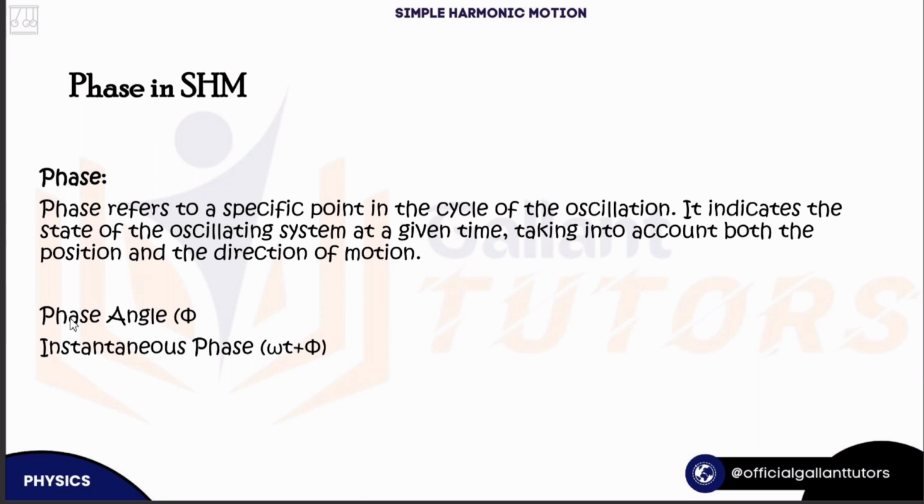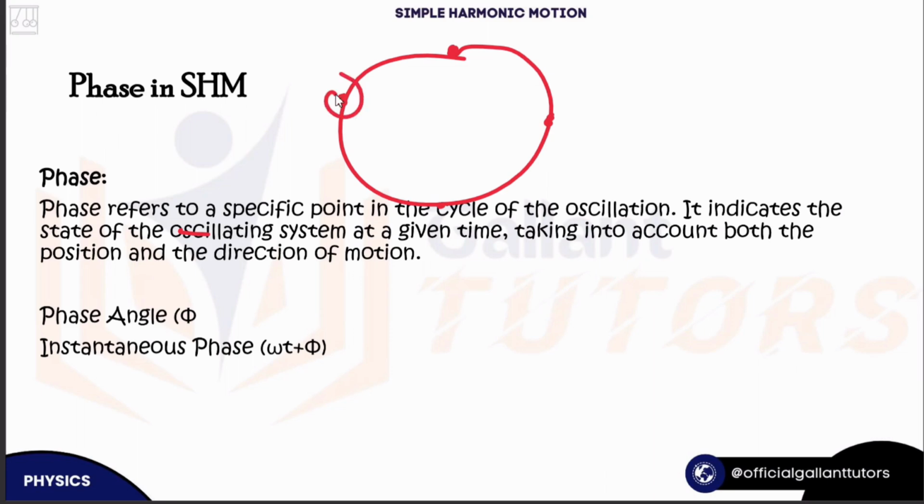When you think about phase, let's assume we have something of this nature. We can be here, here, or at any point in this circle. What phase describes is giving us an idea of where the motion is.